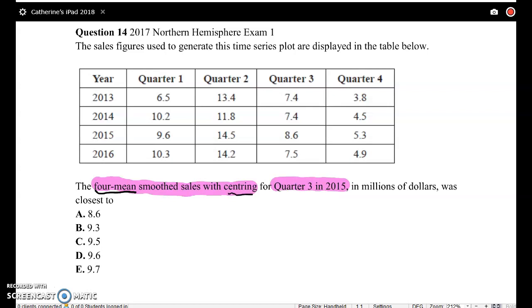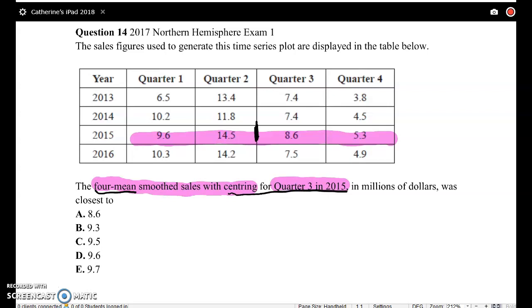So it's centered around quarter 3 in 2015. The first lot of 4 bits of data I'm going to get is for quarter 1, quarter 2, quarter 3, quarter 4 in 2015. That will then make that centered. The middle is between quarter 2 and quarter 3 in 2015.